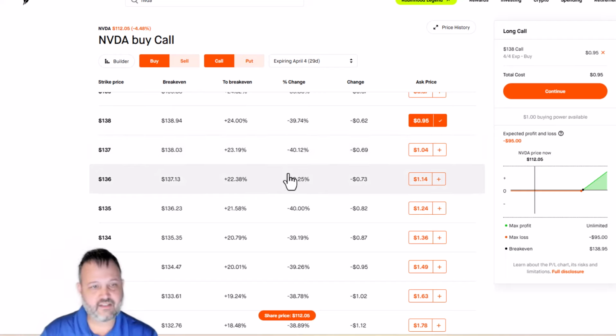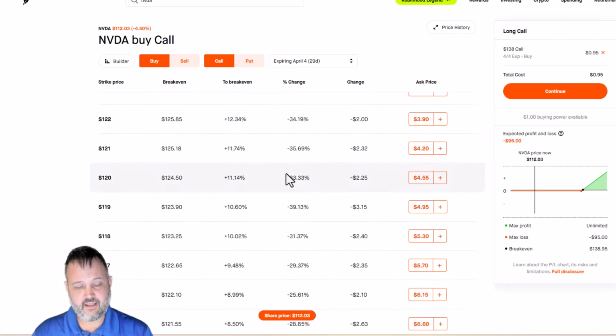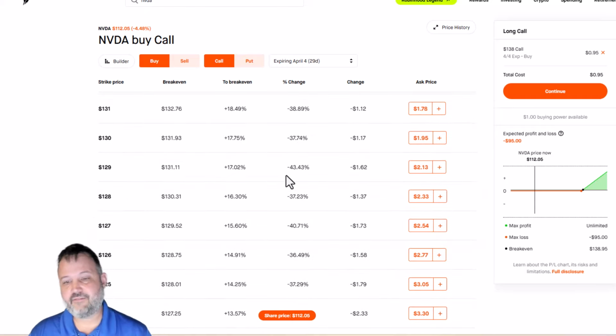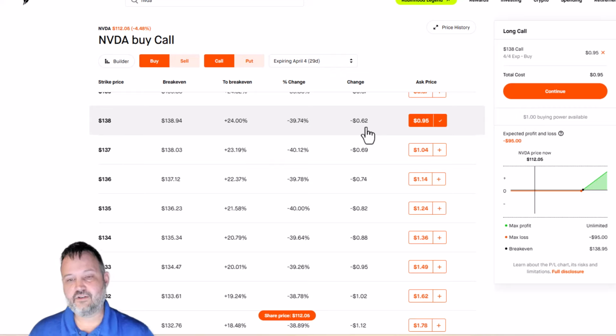And just one last note before we finish this video: if you only have $500 and you can only afford a $1 option, then you could trade a lower-priced stock and buy cheaper options on another stock. But if you're confident in Nvidia, then go for it, because I know Nvidia will move and move and move. So I think it's a great one.